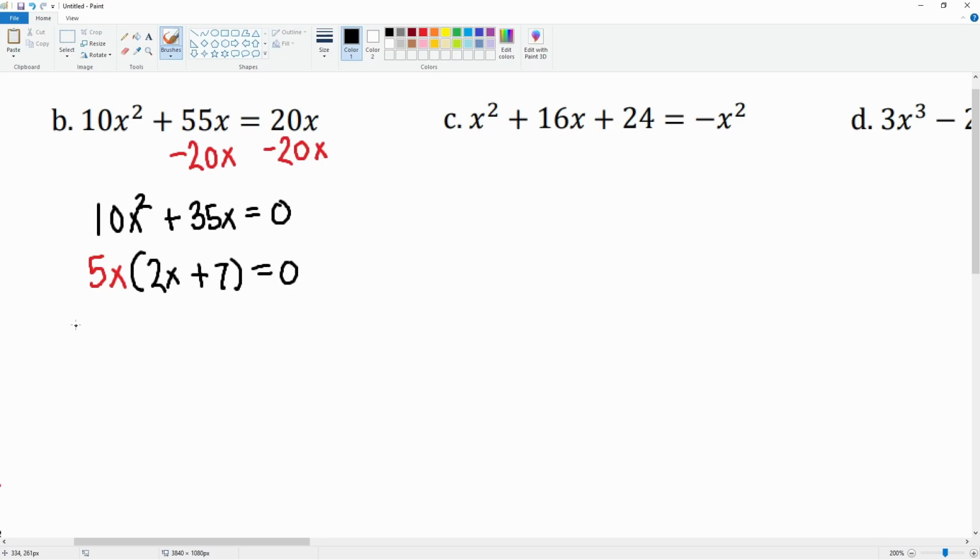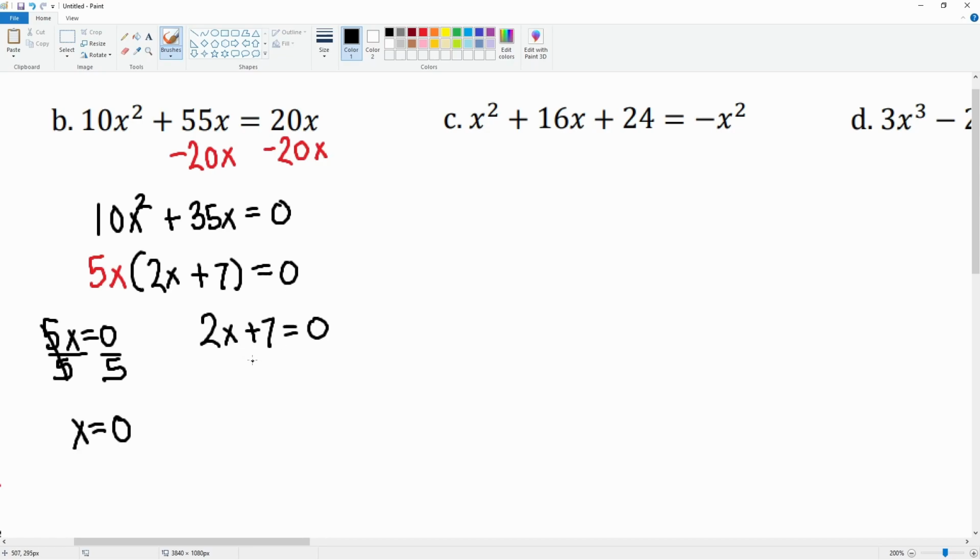So there are two solutions here. We have the 5x is equal to 0 part, that is the first term, and then the 2x plus 7 is equal to 0, that's the second term equaling 0. Here we divide by 5 to both sides. That cancels. 0 over 5 is just 0, so x is equal to 0 as the first solution.